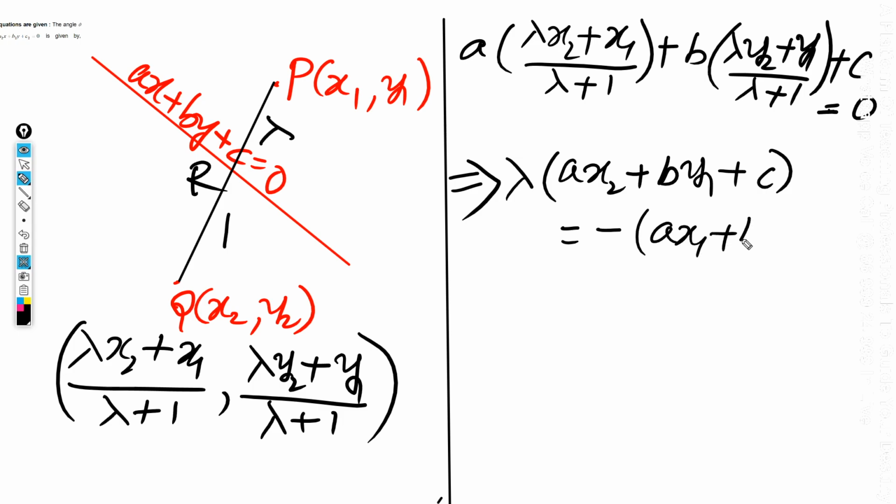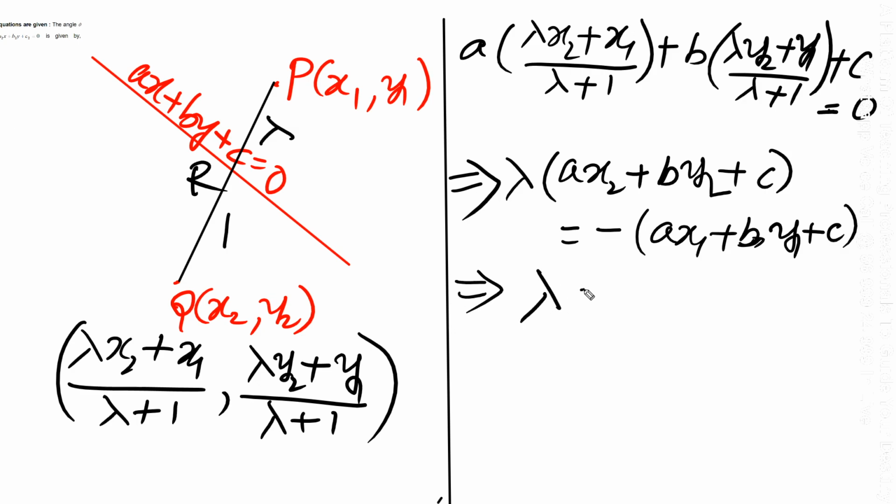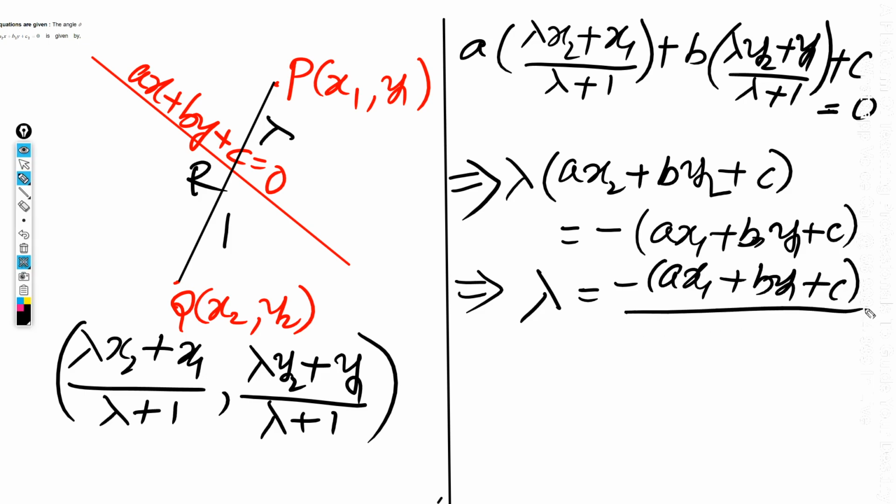I am writing the direct step; you can understand that this is only simplification. So lambda is equal to minus of (ax1 plus by1 plus c) divided by (ax2 plus by2 plus c).